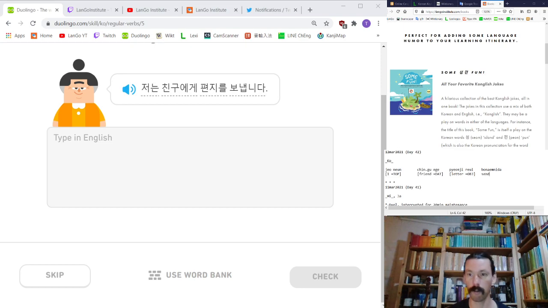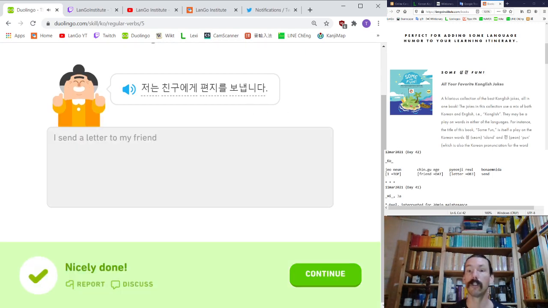In this case, that verb means send or sends. In this case, the object is not marked in Korean directly. I send a letter to my friend.